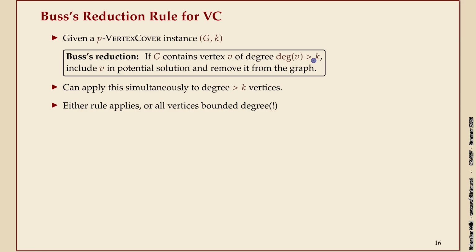If I'm only looking at vertex covers of size up to k, there's no way I'm going to include more than k neighbors of this single vertex, so I have to choose the high degree vertex. There's no other option. Any vertex cover will have to use that one if it's supposed to stay below k vertices. So I might as well include this vertex, get rid of all its edges, and make k one smaller for the remaining graph. Okay?